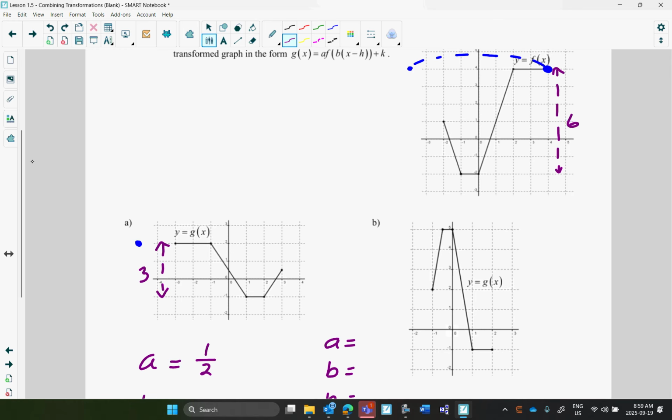Flip, vertical or horizontal? Like the label is sort of right side up here, but now it's upside down, so it must have flipped this way. So it must be a vertical flip, which means what letter is that affecting? If it's a vertical flip, A, and A is negative.